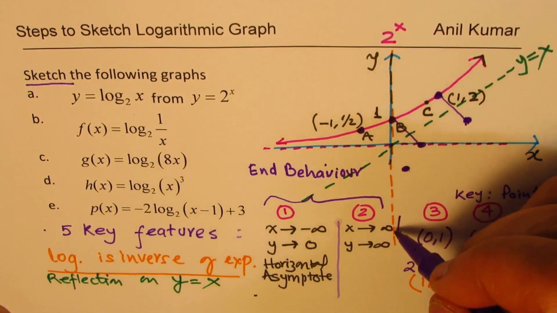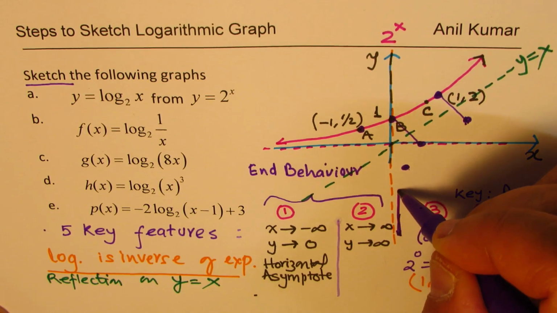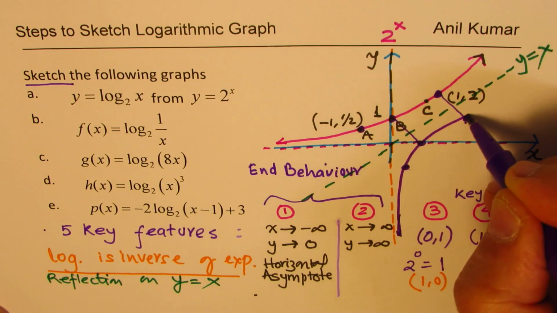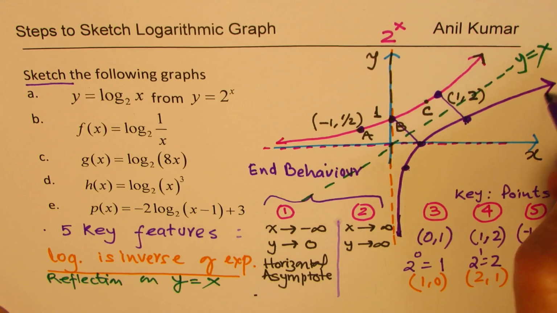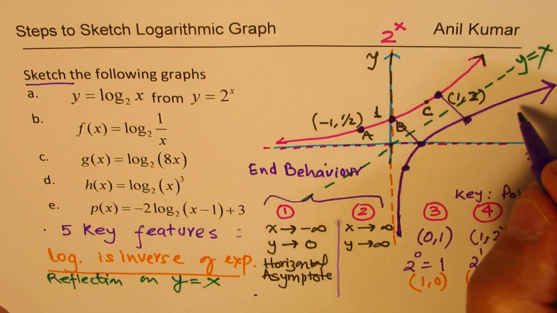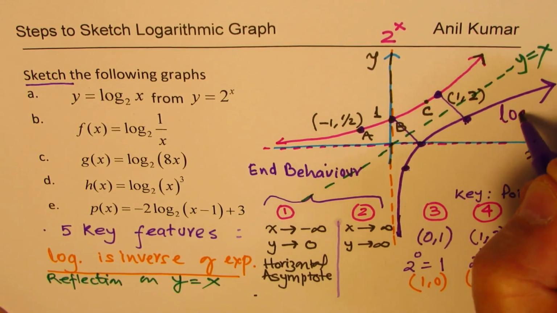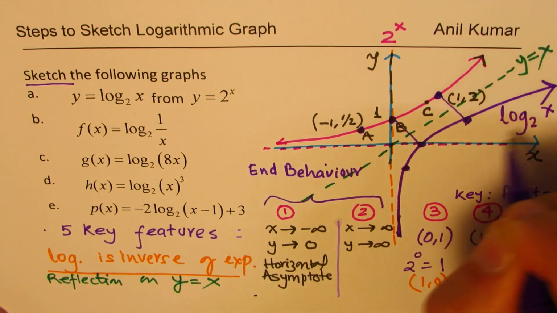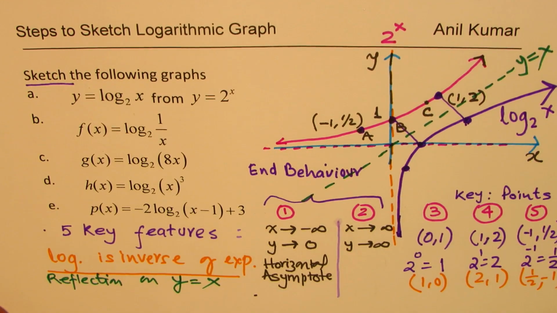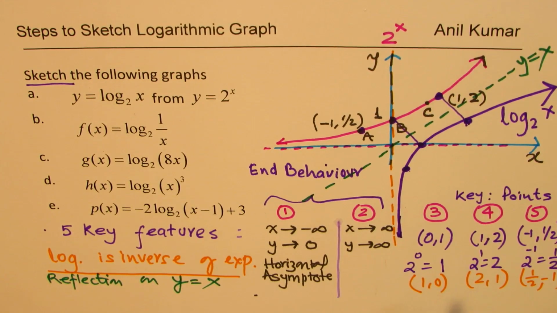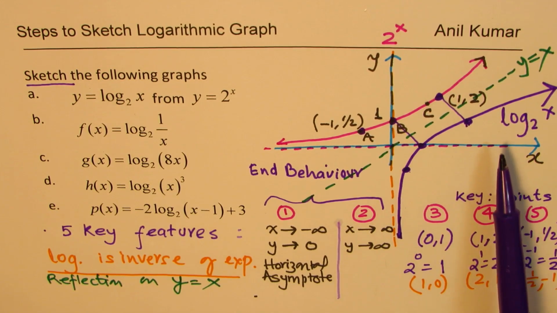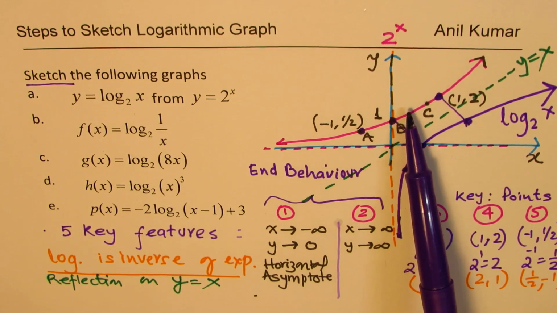So the logarithmic graph could also be sketched as a reflection on the line y equals x, as I've shown here. So this is your graph of log to the base 2 of x. Is that clear to you? So you have learned a couple of methods, in fact all the methods you may need, to sketch a logarithmic function from an exponential function.